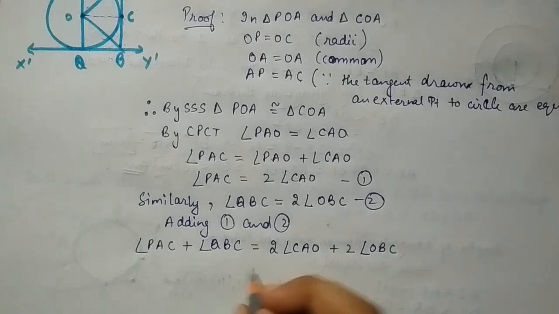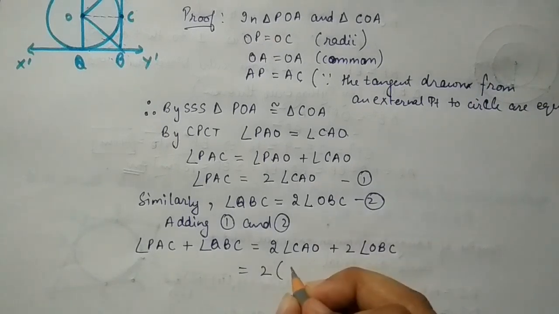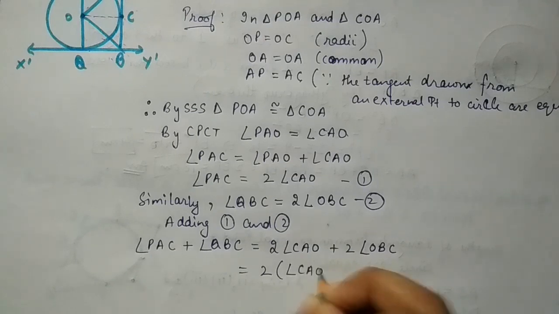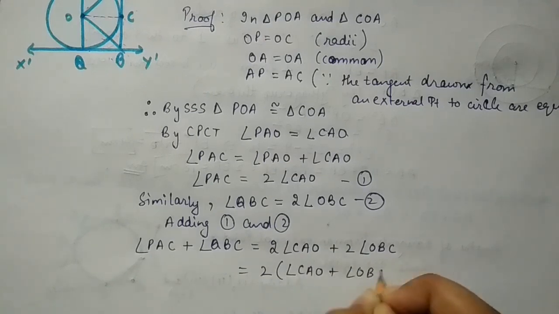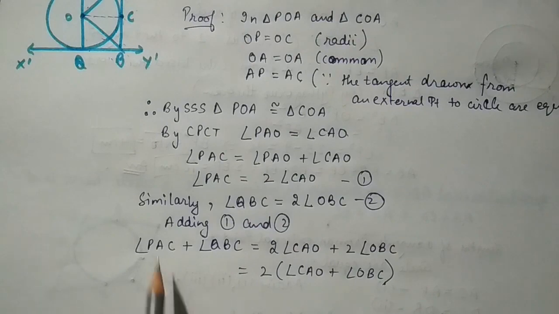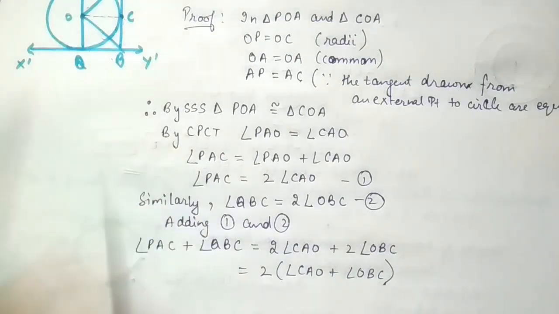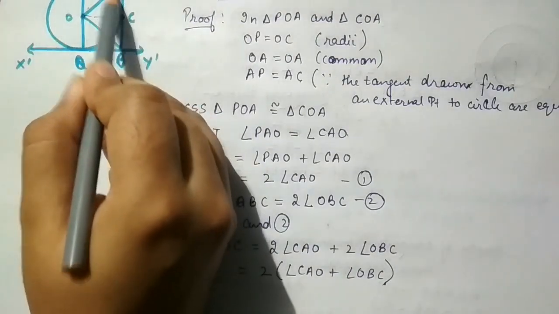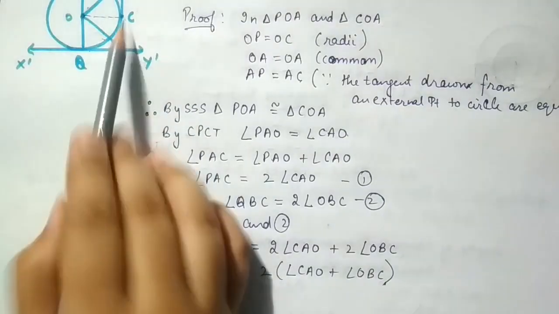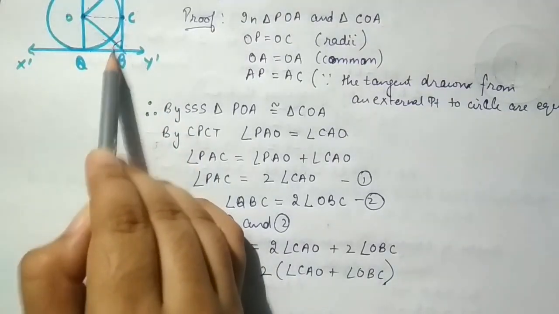Now from here you can take out 2 common, and in bracket you are left with angle CAO plus angle OBC.